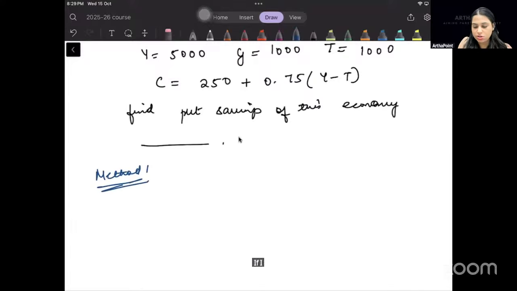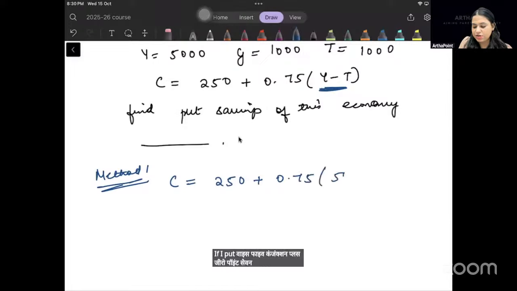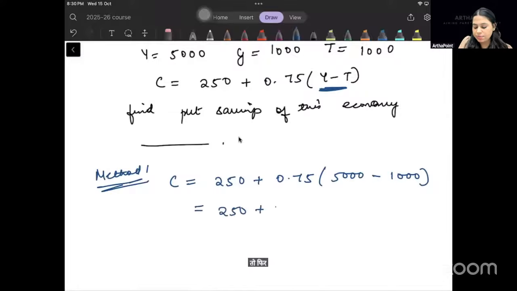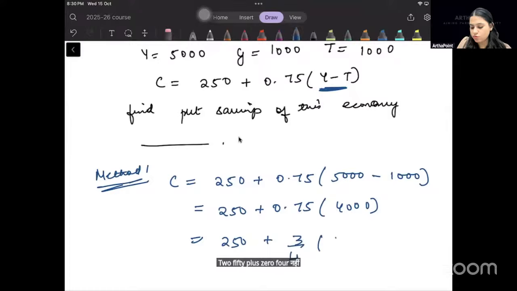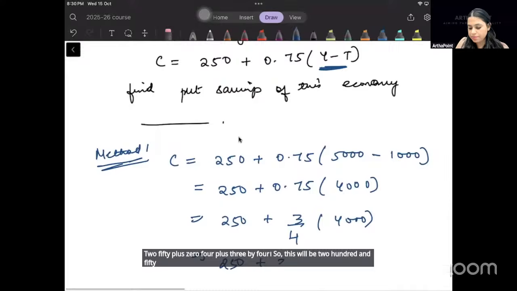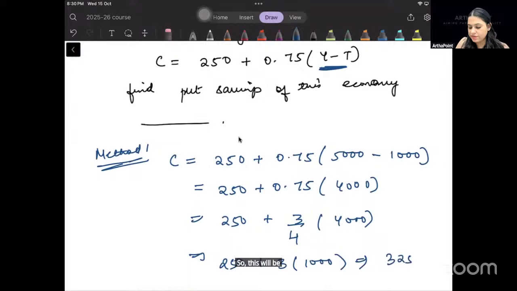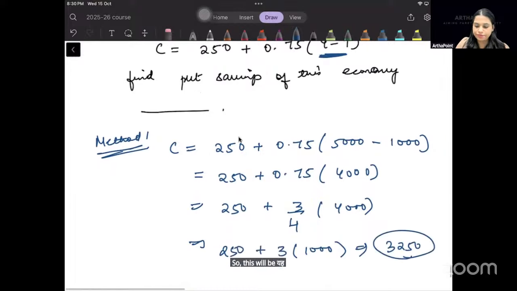If I put Y as 5,000 and T as 1,000 here, beta, consumption will be 250 plus 0.75 (5,000 minus 1,000). 250 plus 0.75 times 4,000. 250 plus 3 by 4 times 4,000. So this will be 250 plus 3 into 1,000. So this will be 3250. ये consumption हो गया.